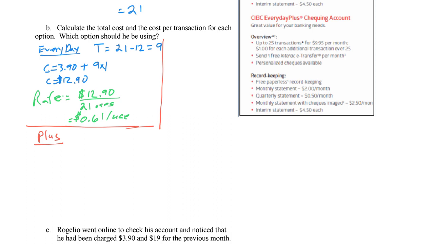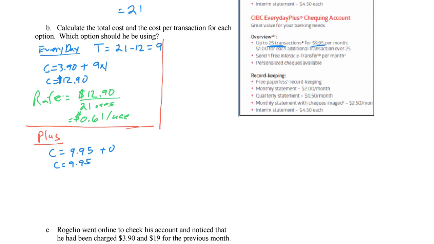So we don't have to pay for any of those transactions. In this case, our cost is just $9.95. It says up to 25 transactions for $9.95, so that's $9.95 plus 0, which is just $9.95.